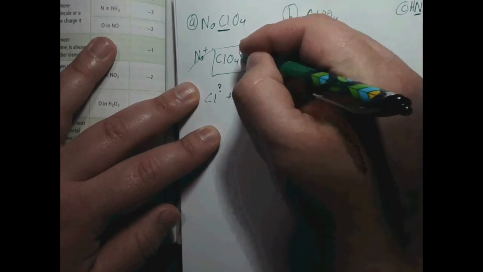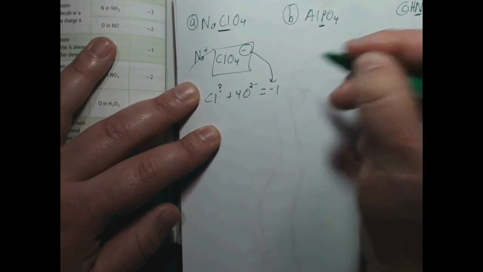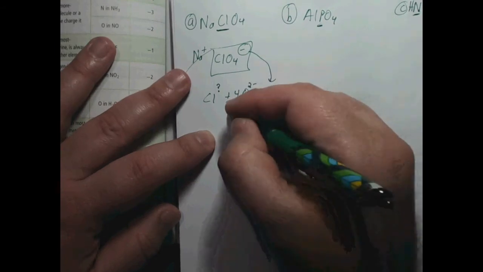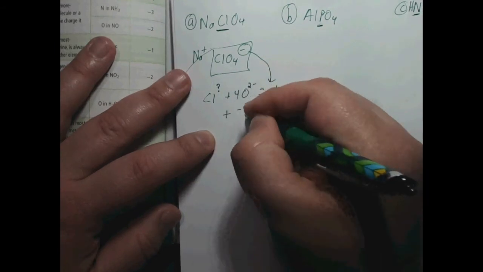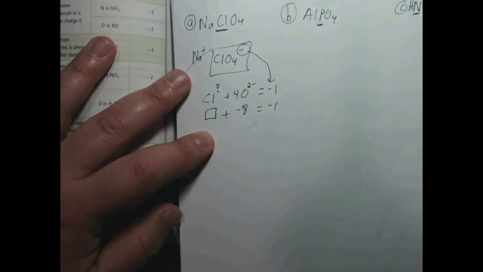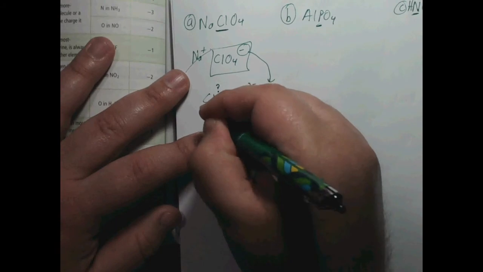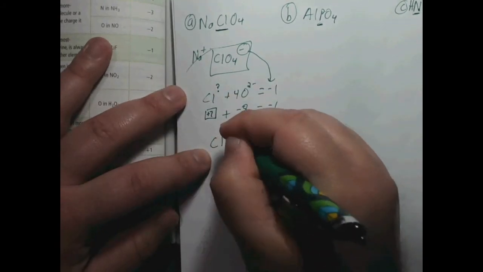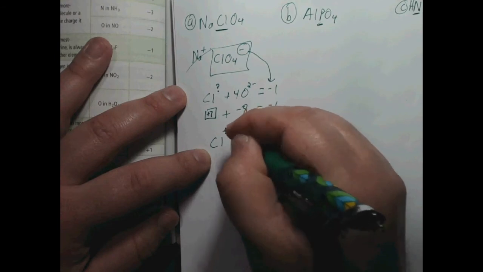That has to add up to this negative 1 charge. So that's 4 times 2 minus, so that's a negative 8, plus what is negative 1? That's right, plus 7. So that means chlorine's oxidation number is plus 7.